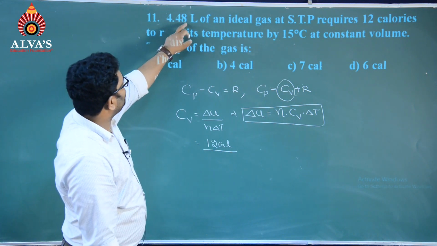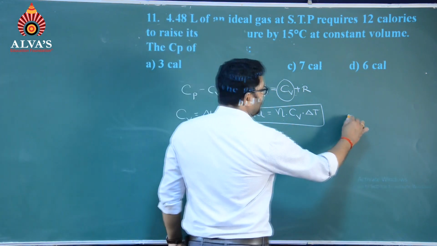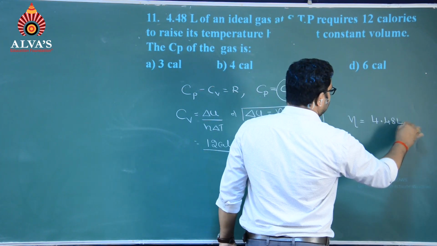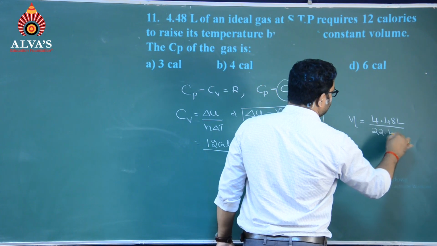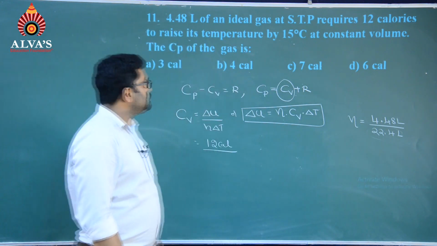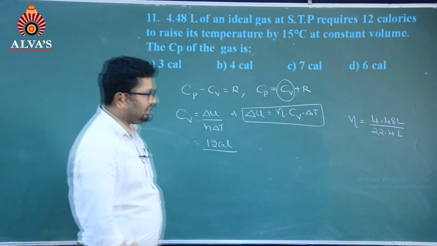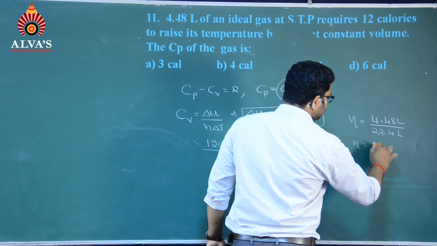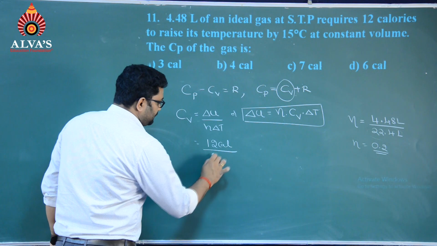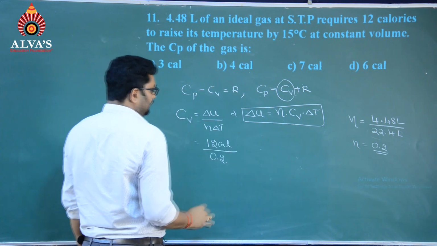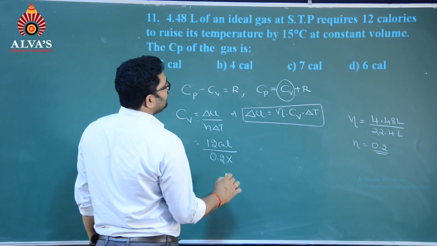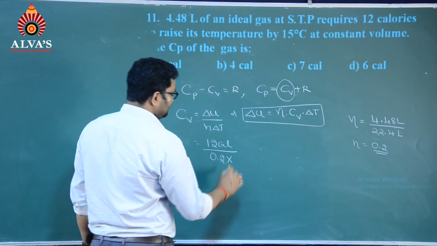We have 4.48 liter at STP. We know the number of moles of gas can be calculated by taking 4.48 liter by 22.4 liter. Students, 22.4 liter is the volume of any gas at STP. Therefore, the number of moles is 0.2. Now, 0.2 moles of gas into the temperature change of 15 degrees Celsius.